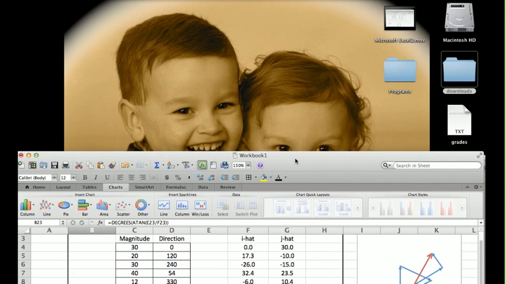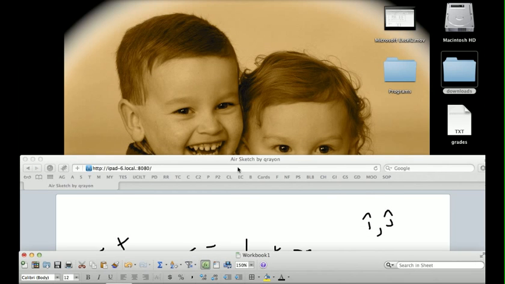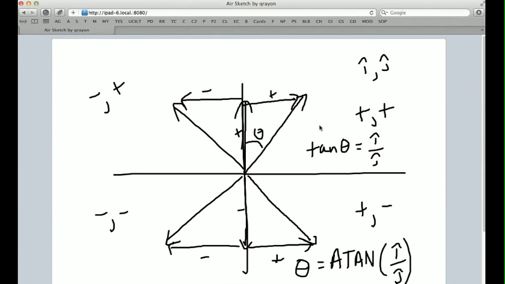When we did this formula down here, that gave me either this angle or this angle or this angle or this angle. So that's not giving me it from north.